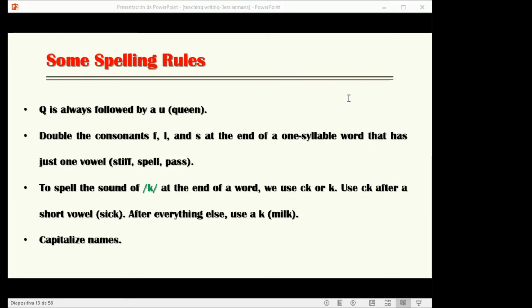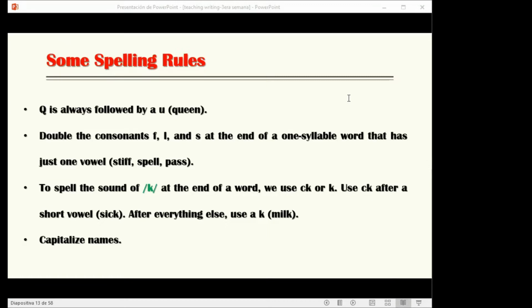Sit, seat, sit, seed. Notice we have these two vowels. So the spelling rule says, for the sound /k/, we have two spellings, CK or K. CK when it's after a short vowel sound. As in the example, we have sick. After everything else, use a K.